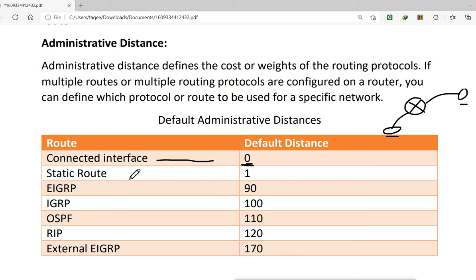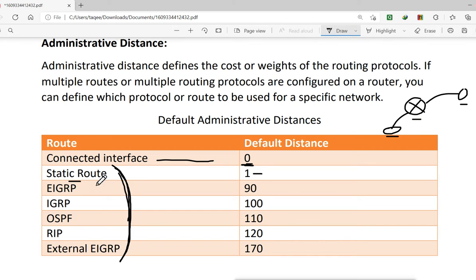Now the static route. These are all routings which we are going to configure. These are all types of routing. So if we configure static routing, then the routes configured with static routing will have the value of 1. Whatever network our router knows from static routing will have an AD value of 1.